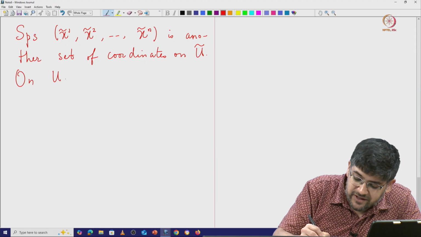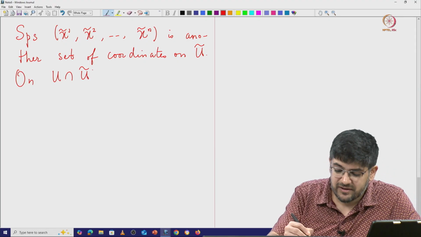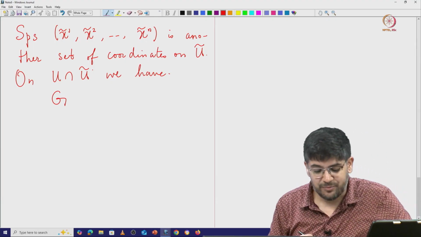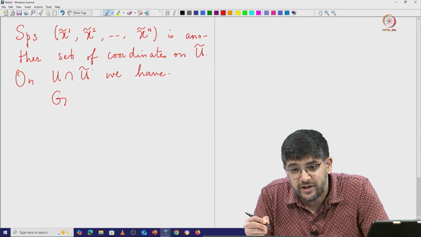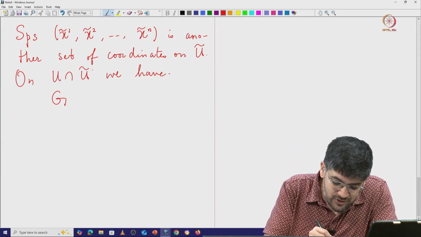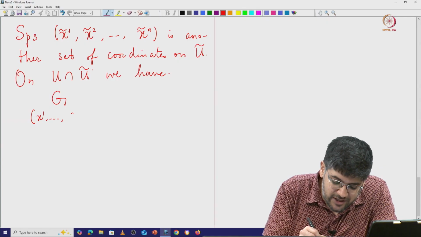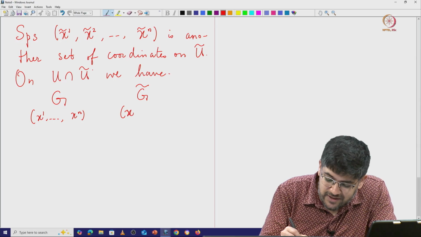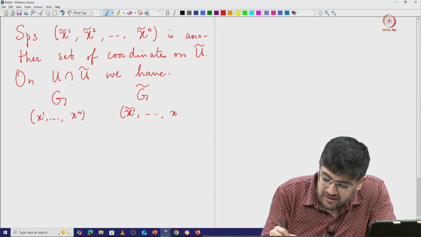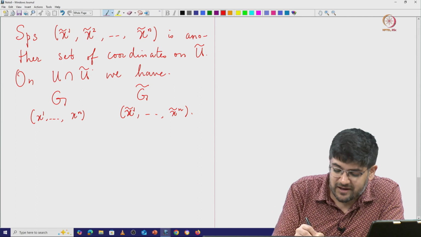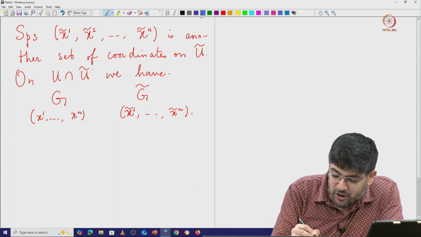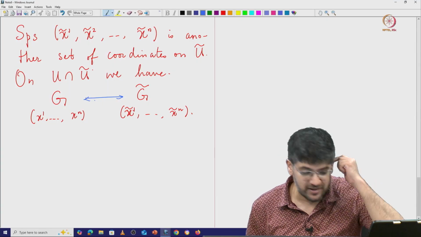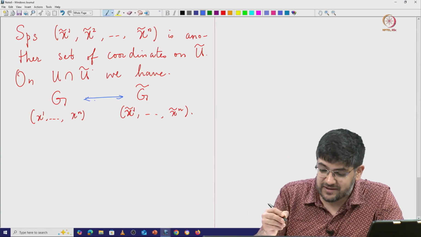So then on the intersection we have this matrix G with respect to the original coordinate system x^1 to x^n, and G̃ with respect to the coordinate system x̃^1 up to x̃^n. So the question is, how do you go back and forth between these two matrices? What is the relationship between these two matrices?